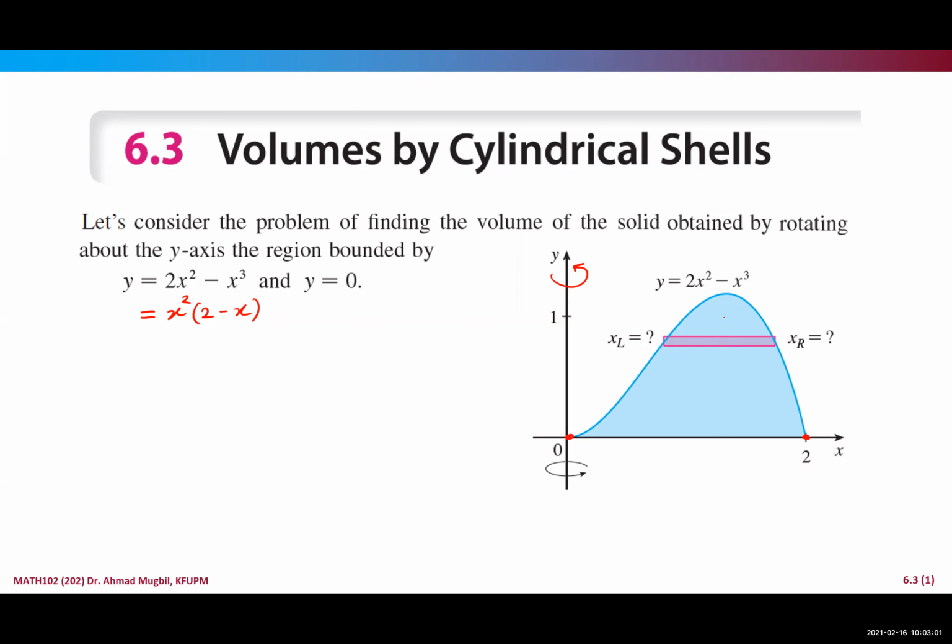Washer. You remember that what we usually do is draw a line. In fact, as I told you, it is a typical rectangle, but for short we just consider it as a line like this. Usually in the disk method or the washer method, we draw a line perpendicular to the axis of rotation through the region, from right to left or from above to below.